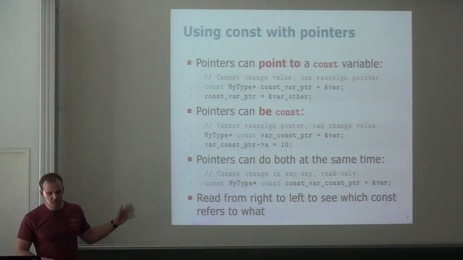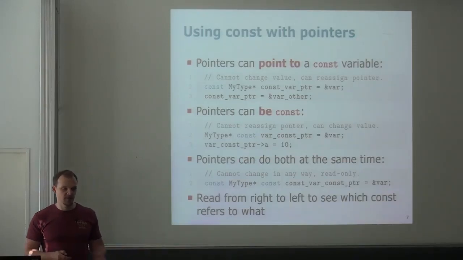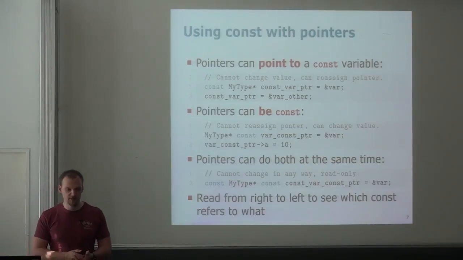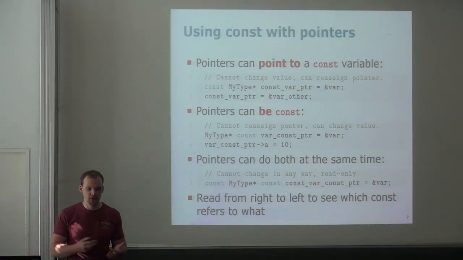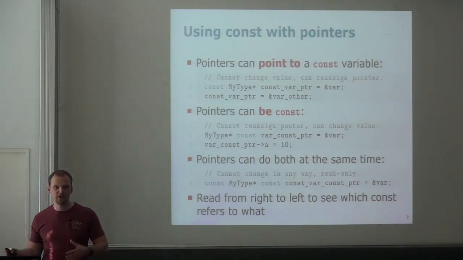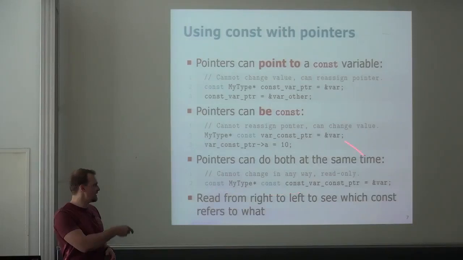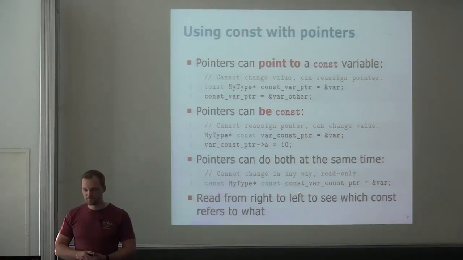And again, if you read it from the right, it tells you what it means. So if you remember this slide, you won't have any problems whenever you see const with pointers. But then again, we will come to other pointers that we mostly will use, and mostly we're going to use this for raw pointers, and these things are nearly never used.